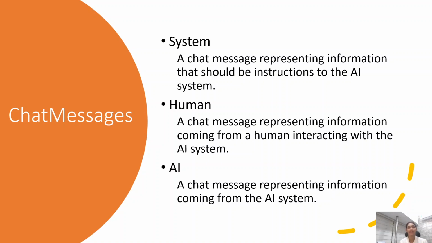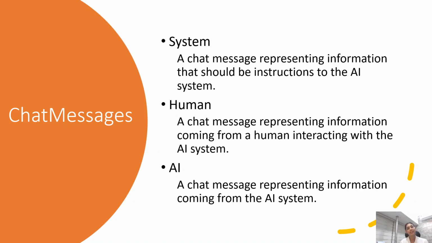We have a system available with us, okay? And we can tell the system, for example, you are a travel agent that helps in planning itineraries, or you are an assistant to a lawyer that helps in forming contracts, or for example, you are an assistant to a doctor that helps in writing prescriptions. So basically we're instructing the AI system to behave like someone. That is known as a system chat message.